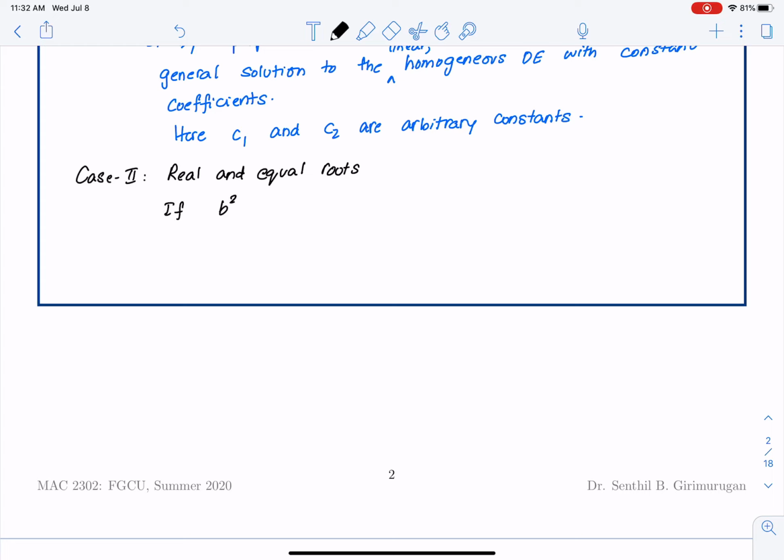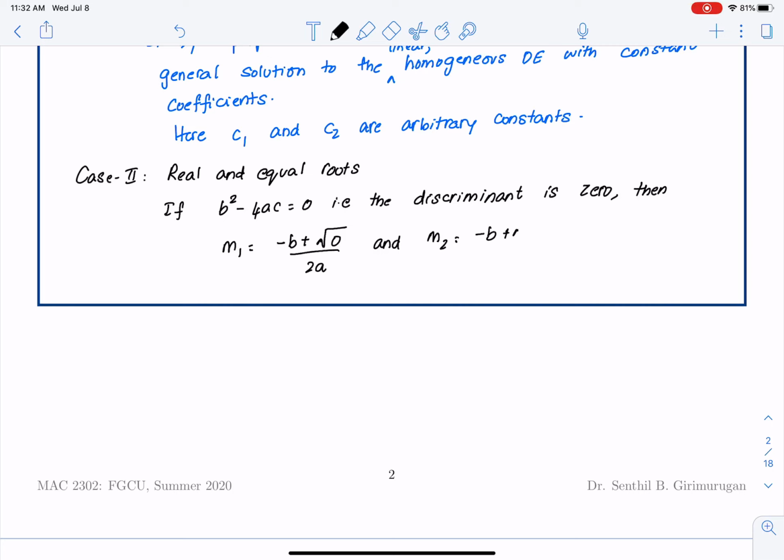If b squared minus 4ac is equal to 0, i.e. the discriminant is 0, then m1 would equal minus b plus square root of 0 divided by 2a, and m2 would equal minus b minus square root of 0 divided by 2a.